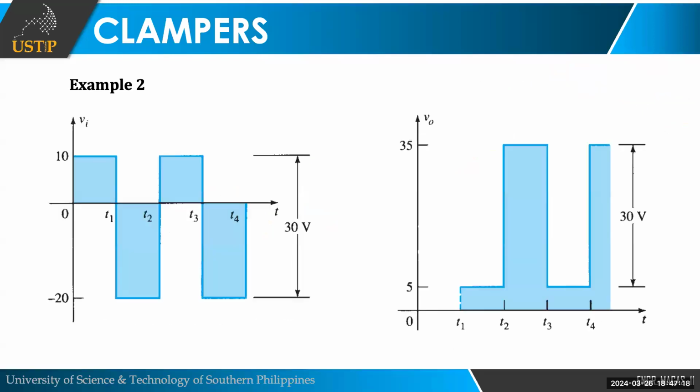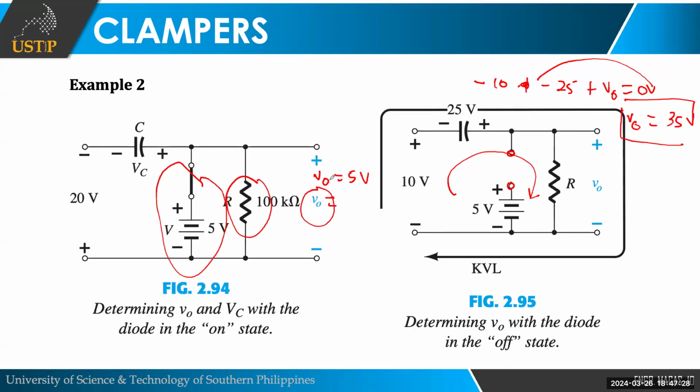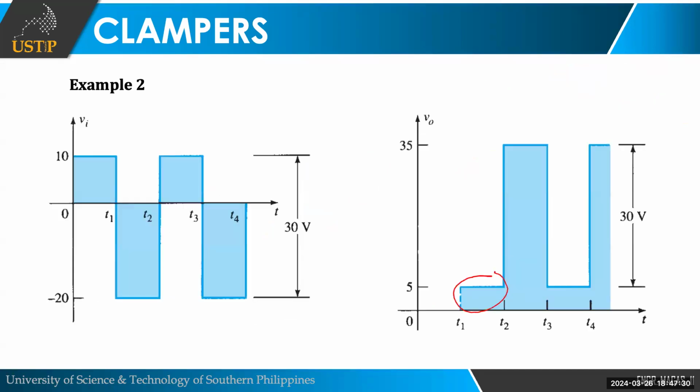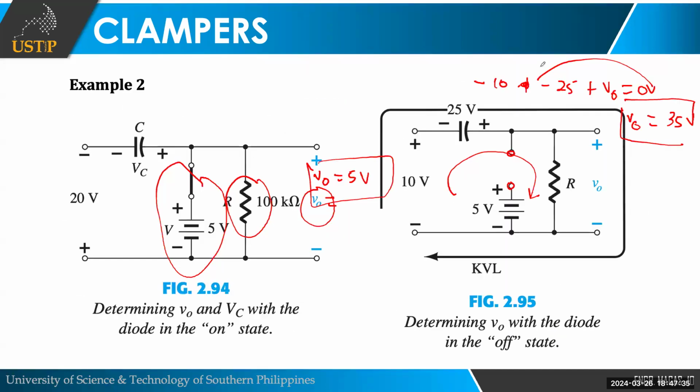So if we graph that, class, it looks like this. During the negative cycle, the output is positive 5, and during the positive cycle the voltage output we got is 35.